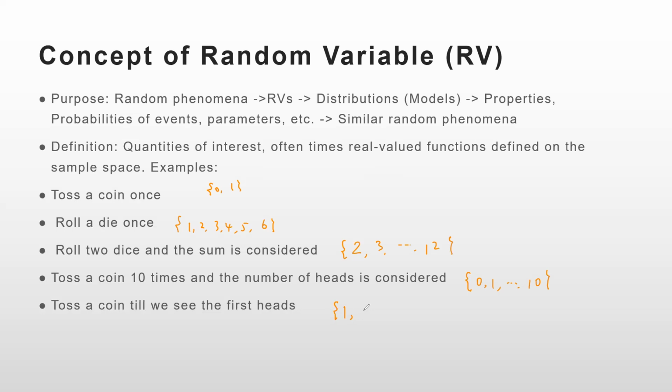And if the first one is tails, then you move on to the next one and you see a heads, then the number of tosses needed to see the first heads would be 2, and so forth. So here we are actually talking about the number of tosses needed to see the first heads.